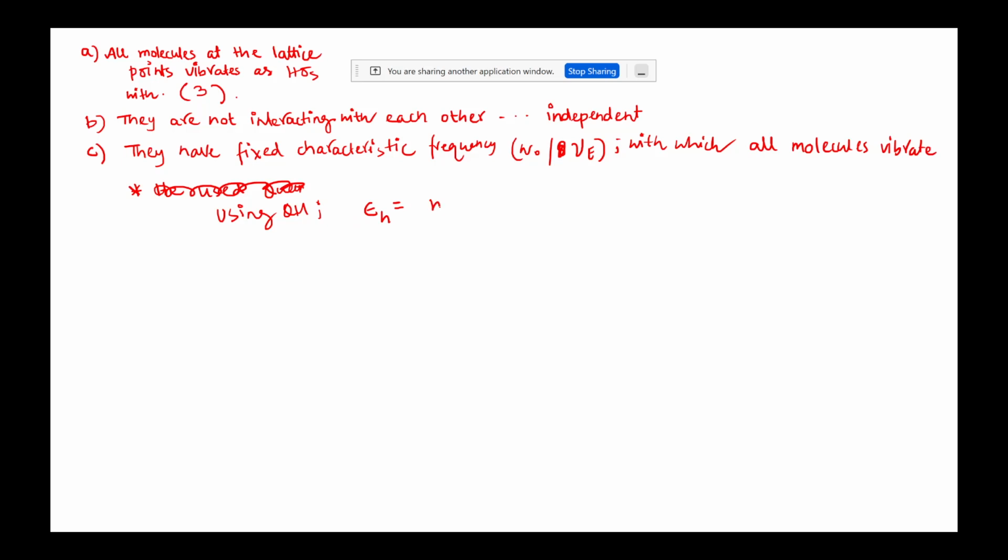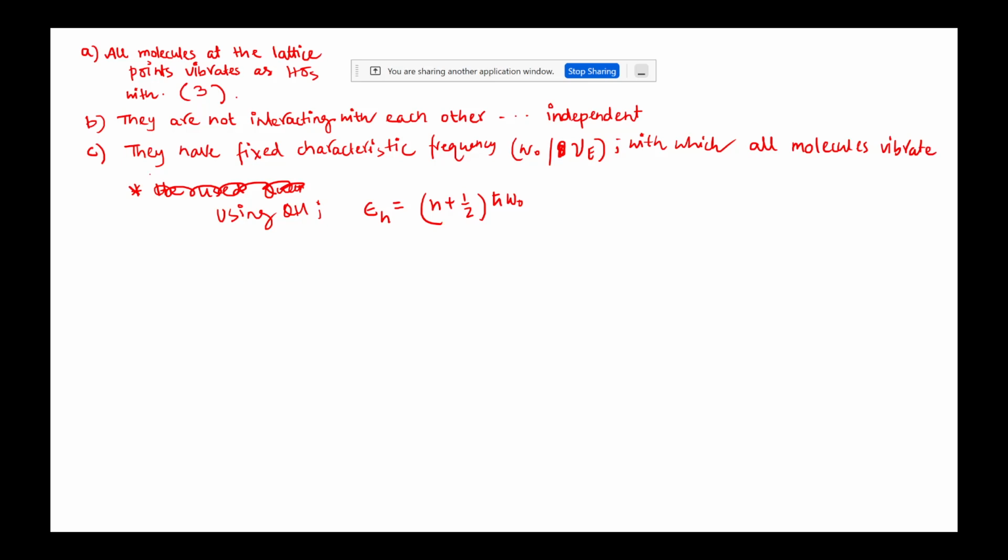It is (n plus half) h cross omega naught, where omega naught is the characteristic frequency. This omega naught and omega e are the same, but for writing convenience I'm using omega naught.